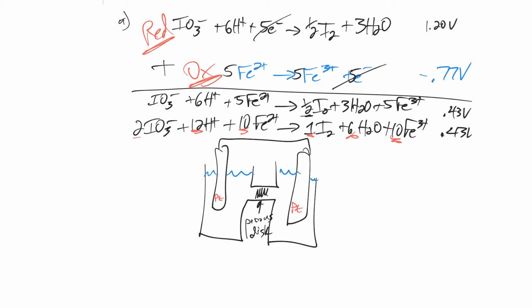Platinum is the non-reactive metal that you need just as a material to serve electrons and receive electrons. Okay, it doesn't matter which side you put the cathode on, let's just put it as the left side. Cathode, of course, is where reduction occurs, and the anode is where oxidation occurs.